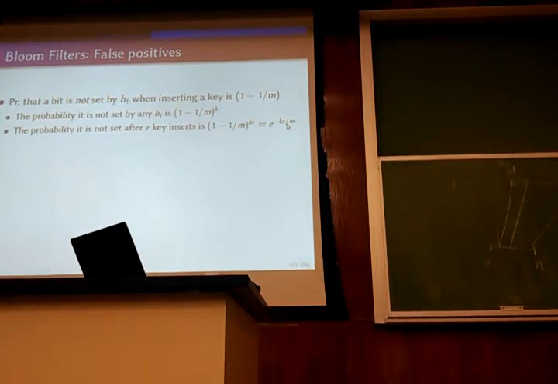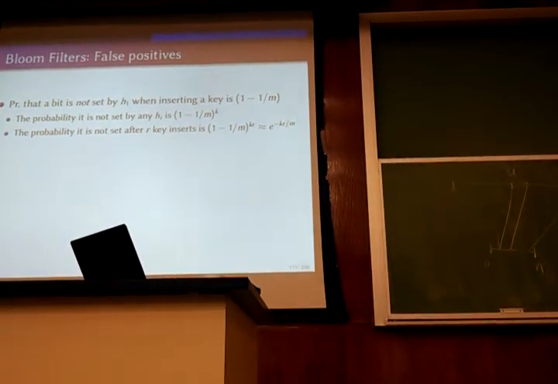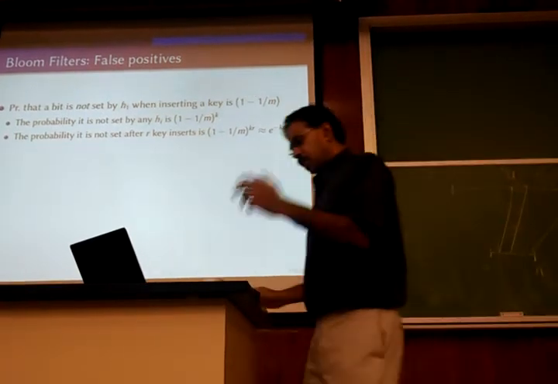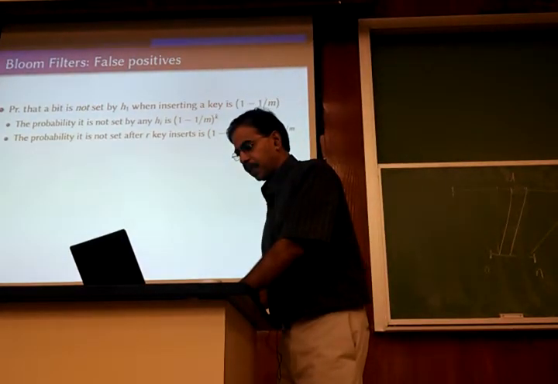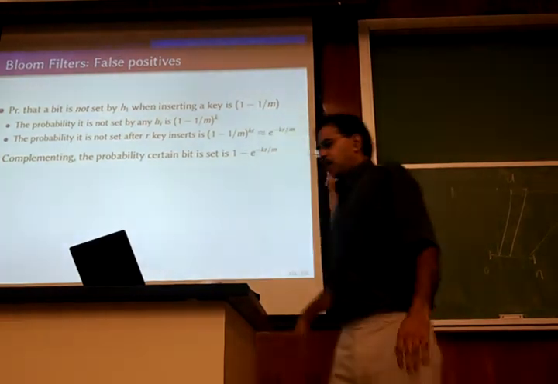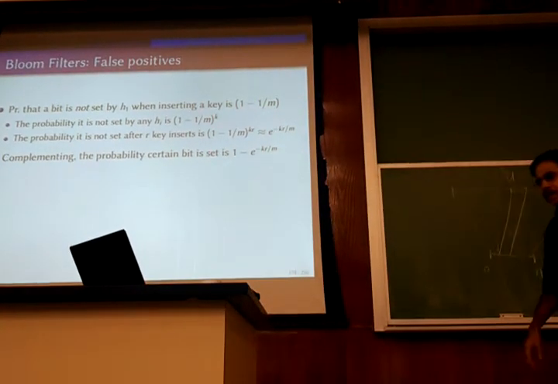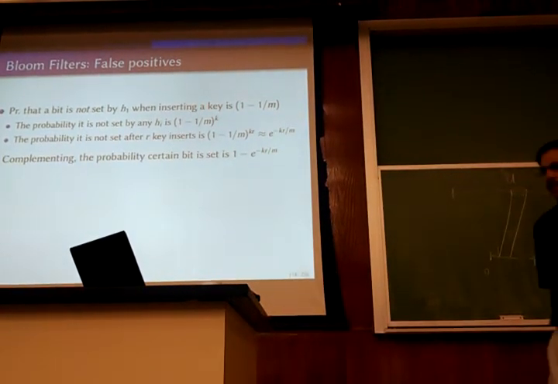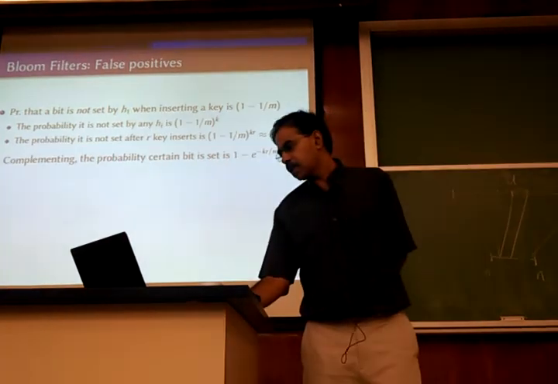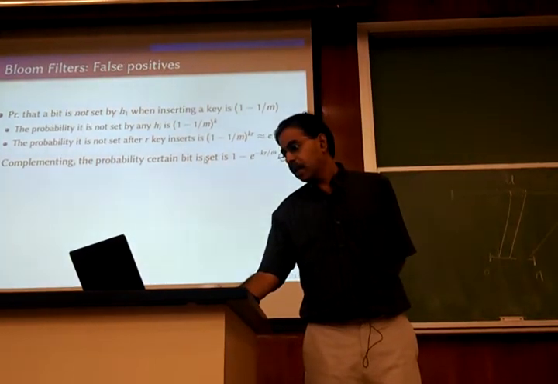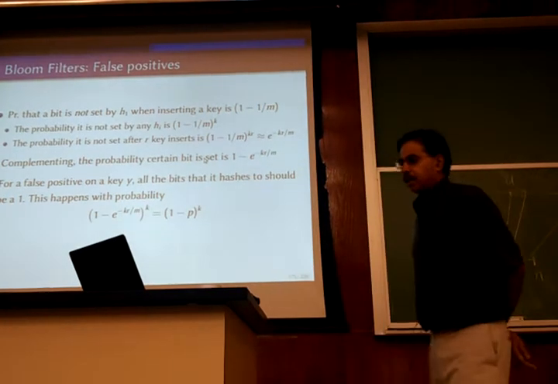You can work out why that is; it's just a little bit of arithmetic. So the probability that a certain bit is set is, of course, the complement: 1 minus e to the power minus kr by m.